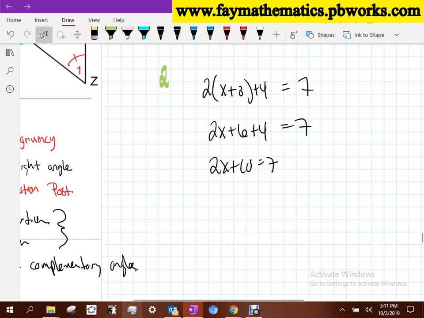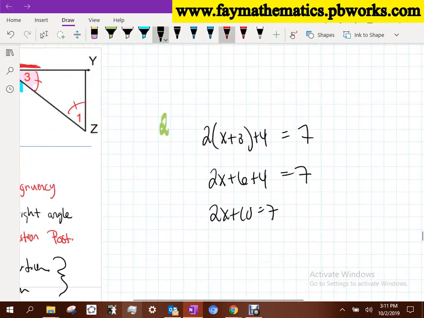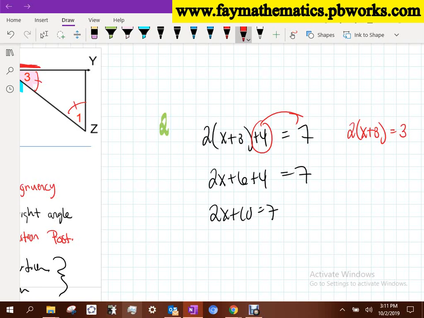But is it okay to do this? Can I move that 4 over first? The distributive property and the moving of 4 are independent procedures. It doesn't matter the order that you do them. You're still going to arrive at something that is true. Does that make sense?